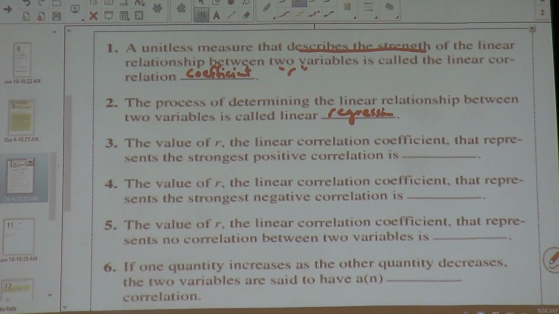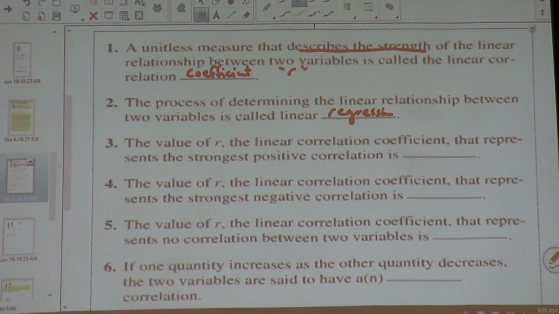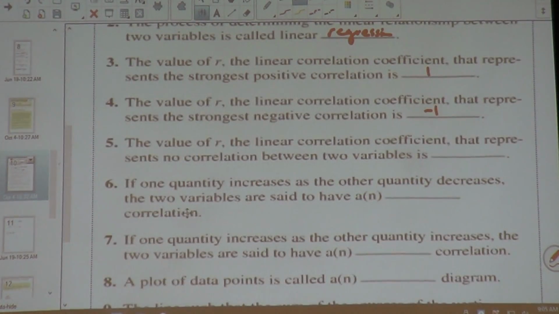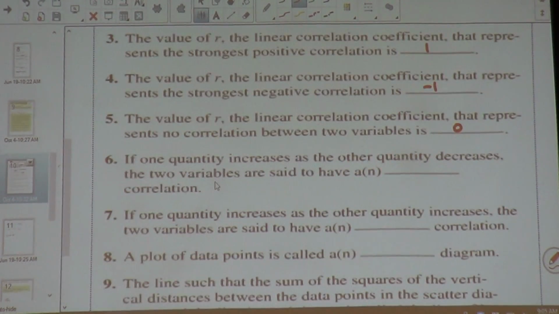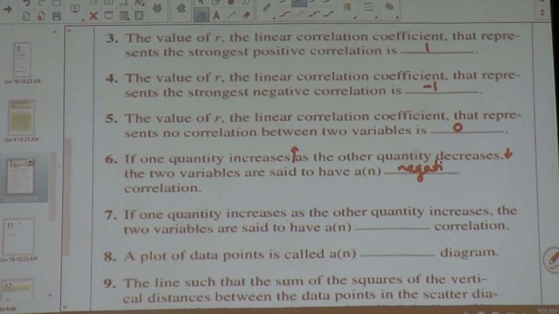The value of R, which is the linear correlation coefficient, that represents the strongest positive correlation. What is the strongest R value that you can have? 1. The R value that represents the strongest negative correlation. Negative 1. The value of R that represents no correlation. 0.